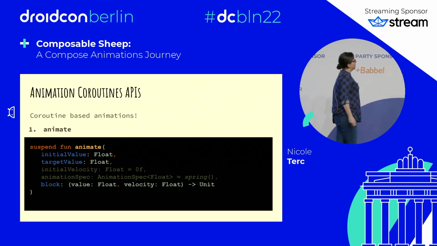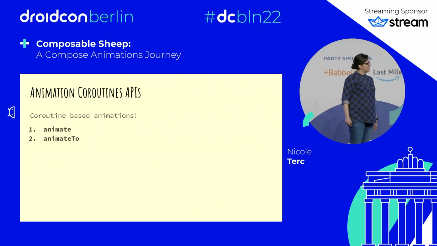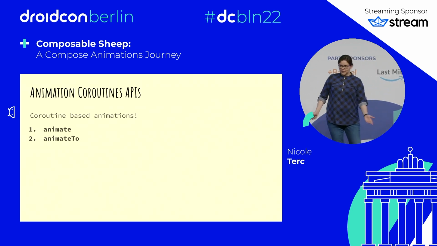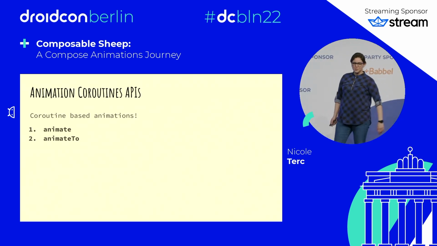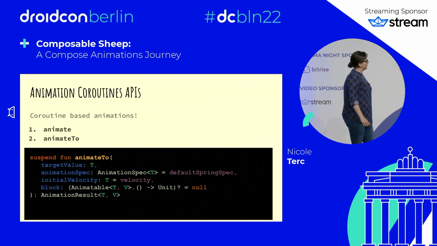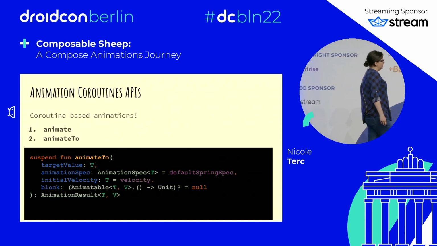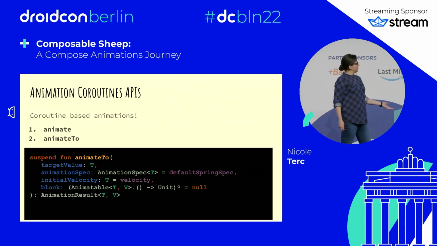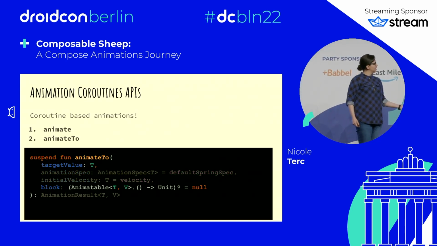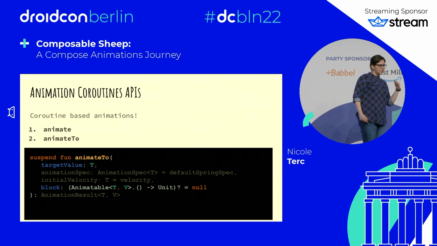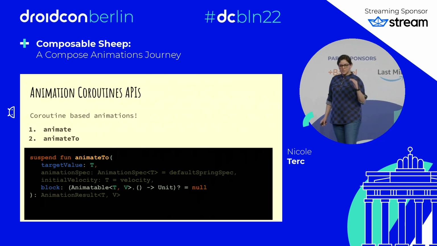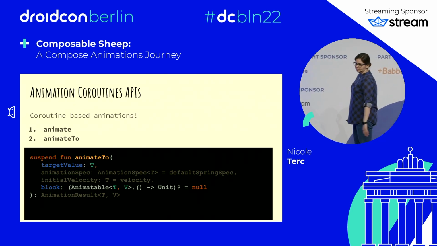Great. Now, the second one we have in here is the animate2 function. How does it look? Of course, this is another suspendable function, and it looks like this. If you see, it looks quite similar to the other one, but the main difference here is that instead of receiving an initial and a target value, it's only receiving a target value and a block.